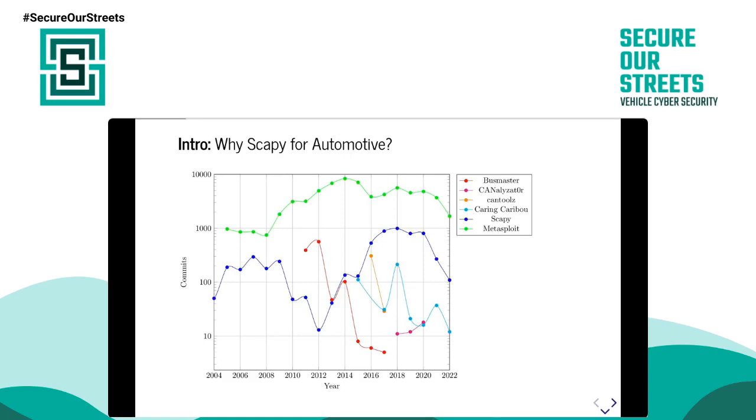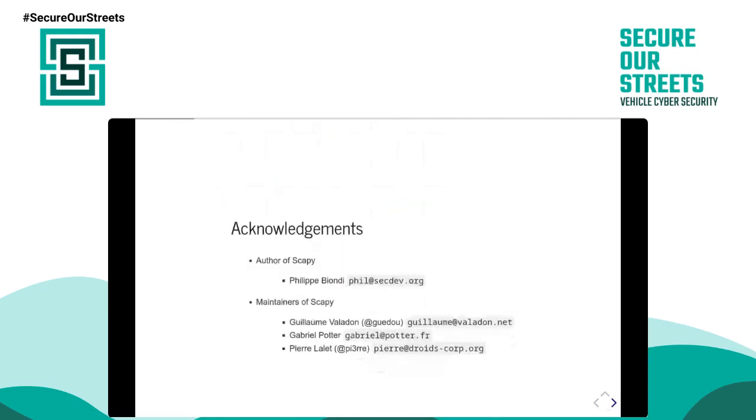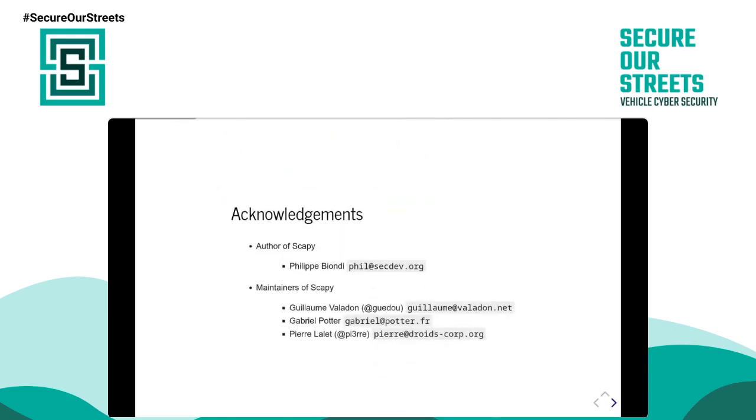But Scapy was a perfect fit, and it's a project which receives contributions regularly, so it was a good choice to put effort in, in order to have a Swiss Army knife for automotive penetration testing. Some acknowledgements for the maintainers and the author of Scapy, Philippe Biondi, and Guillaume, Gabriel, and Pierre.